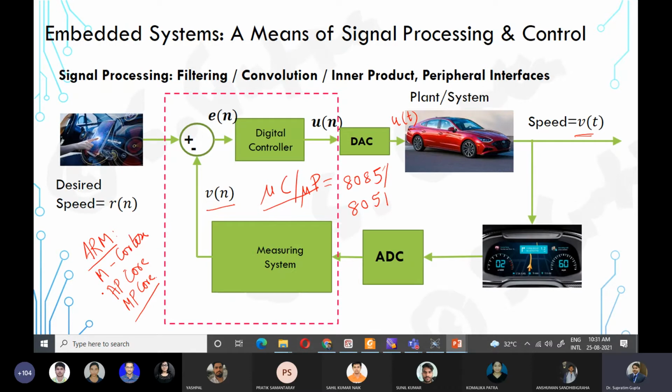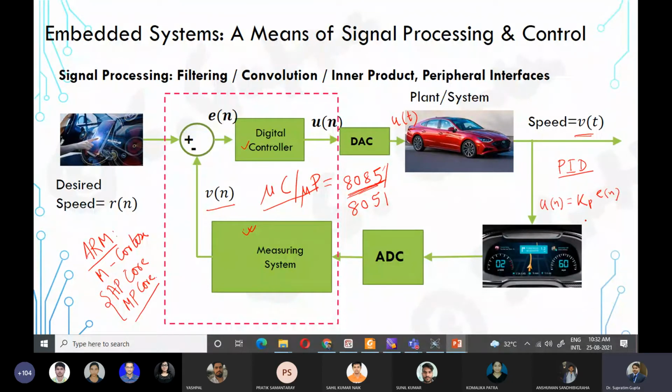Now, one thought we can put here is: what is the simplest form of controller? We can imagine that we have a PID controller, and now how is this PID controller developed? If En is your input and Un is your output, then your Un must be some Kp into En.